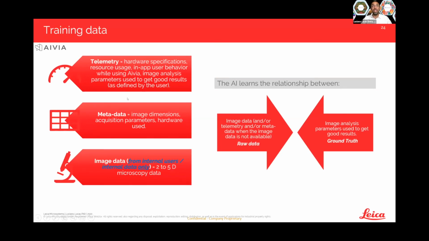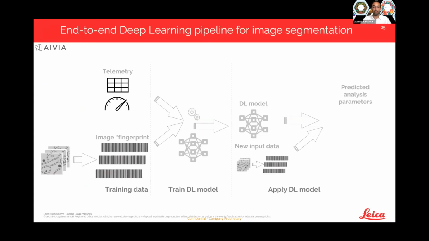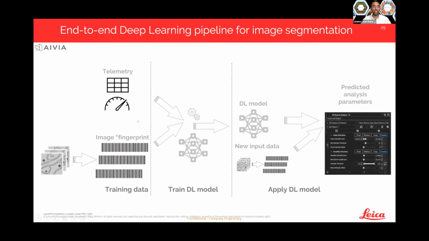So we basically put a system in place that can gather all this user information as well as image information. And this is what it actually looks like. The user puts a raw image in, and we convert this using a deep learning model to images that look a little bit like this.